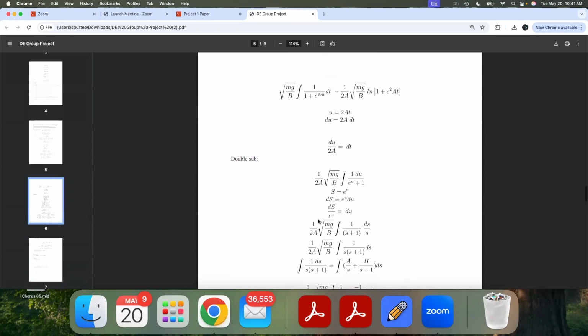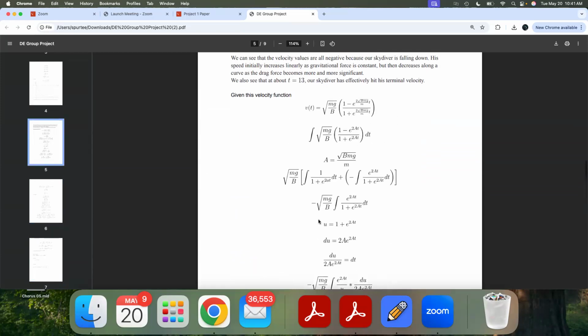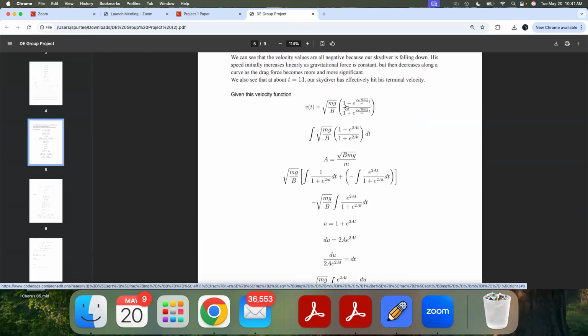So again, you can scroll through here to see how you're going to integrate this. You're going to use a U sub. The best way to do it is split this up: 1 over junk, something like this, and then minus e to the junk over junk. You split it up. This one's just a simple U sub. This will be your U, and then your du will be right here.